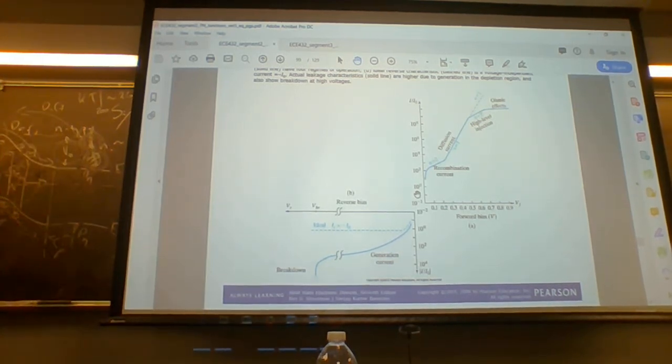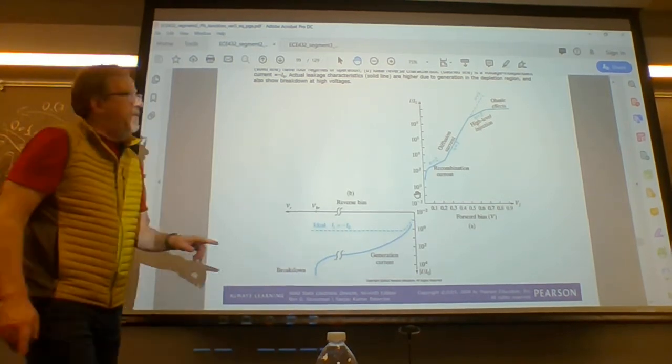So this is when it's the high level injection. We have all these carriers coming, and now we have them slamming into each other. They're becoming so plentiful that the electrons going this way are slamming into the holes coming this way, and there's recombination happening of the free carriers that are circumnavigating.